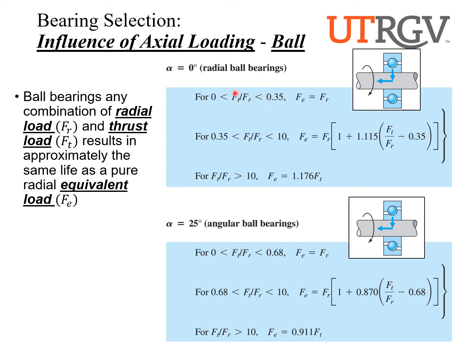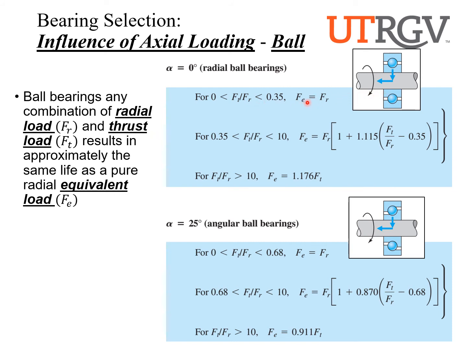And depending on the value of that ratio, we do a couple of things. So if the ratio is between 0 and 0.35, or another way to think of it is the thrust load between 0 and 35% of the radial load, then we do absolutely nothing.